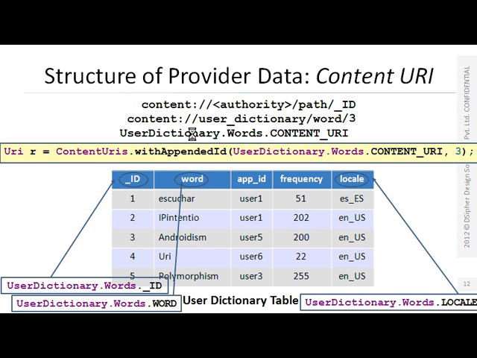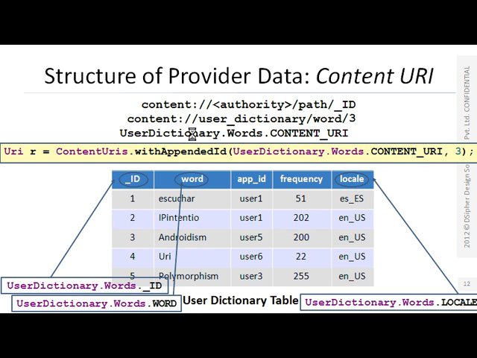Here the column name underscore ID is identified by UserDictionary.Words._ID. Just like that, each and every column will be identified by a constant value.